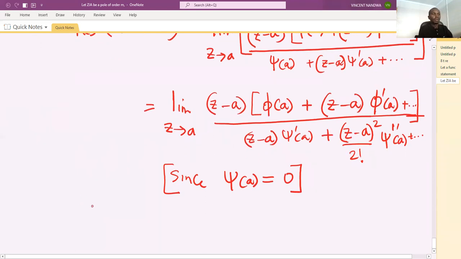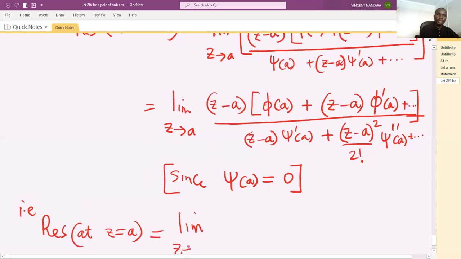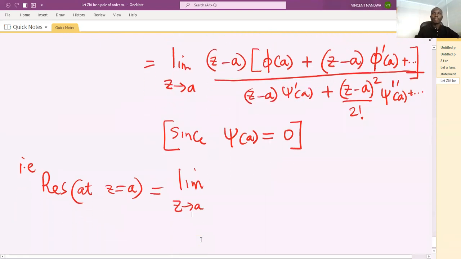So that reduces to, i.e., residue at z equals a will be limit as z approaches a of, now, you see this z minus a can be factored out and then cross out. So we'll have phi at a plus z minus a phi prime at a plus other terms.